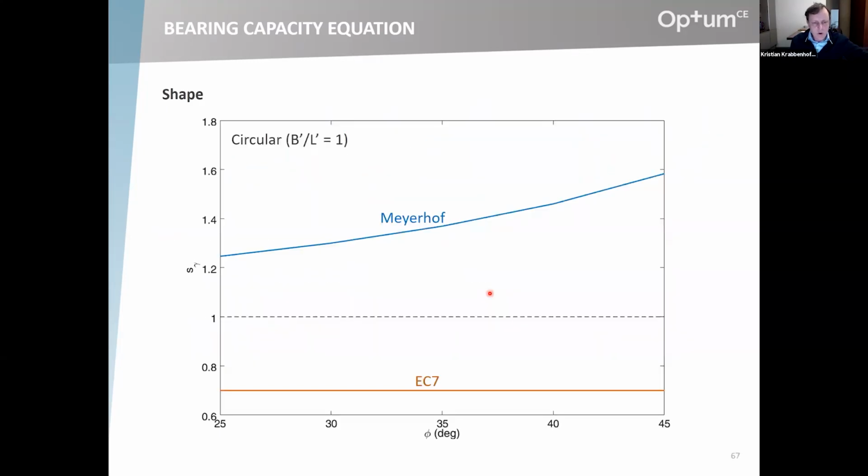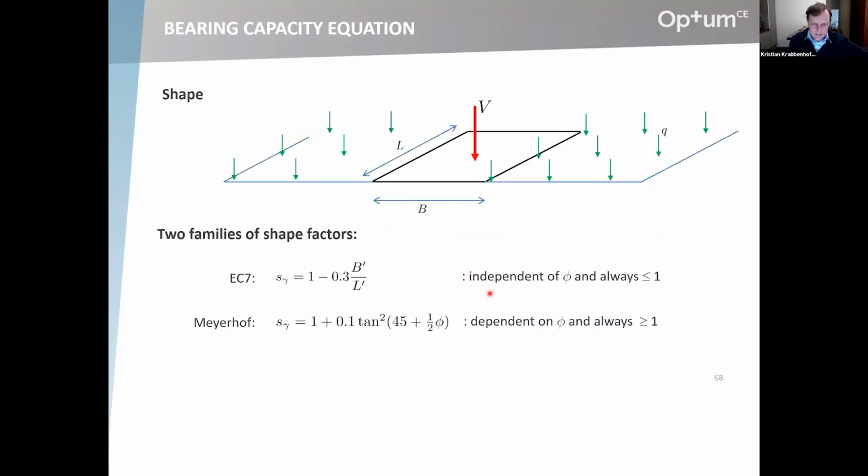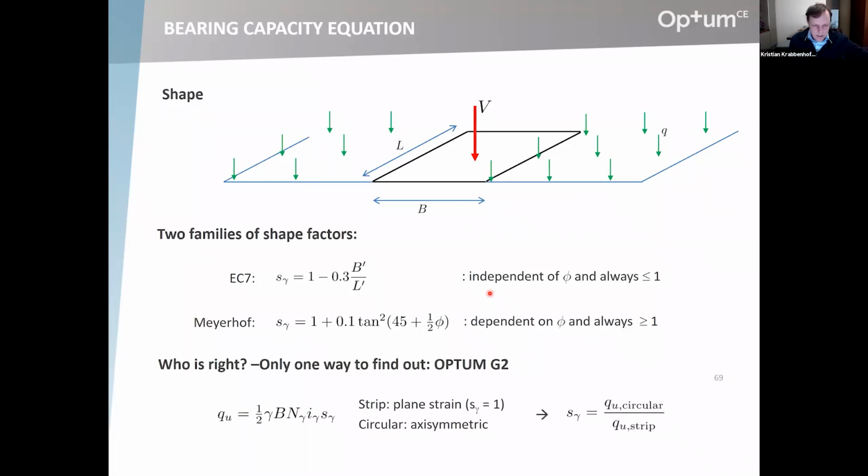And also, from a more qualitative point of view, you could ask yourself, does a circular foundation have greater or smaller capacity than a strip foundation? Well, Eurocode 7 says one thing, Meyerhof says something else. The only way really to get to terms with who's right, Meyerhof or Eurocode, is to do some analysis.